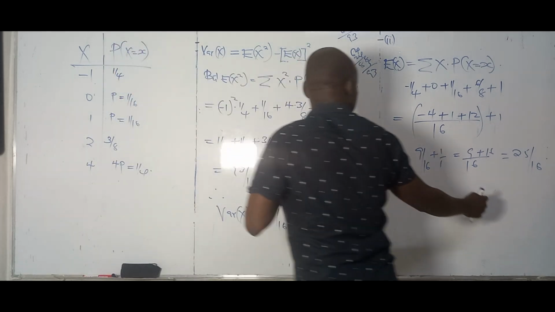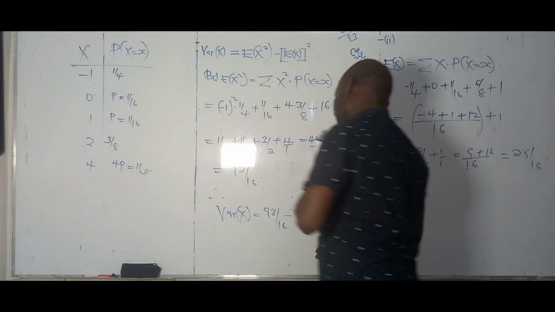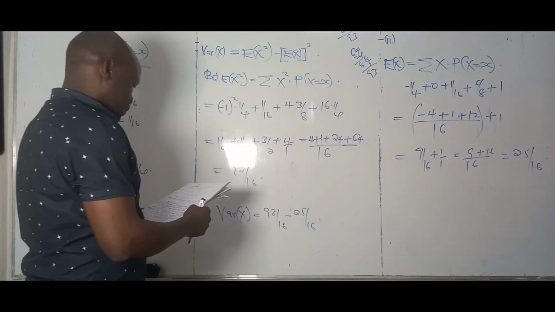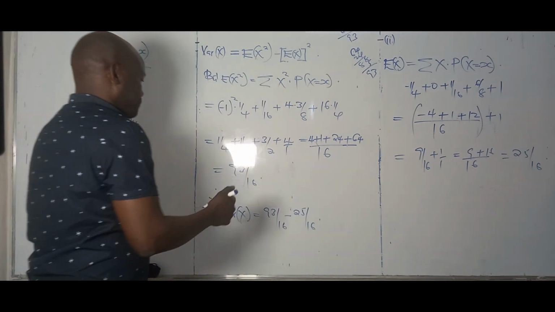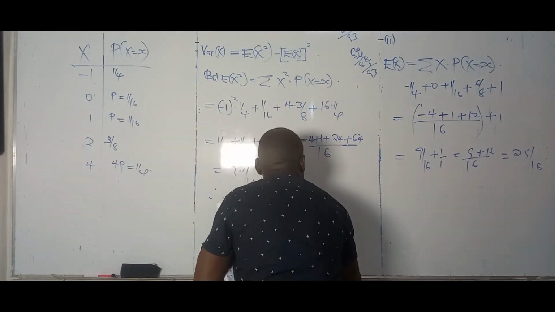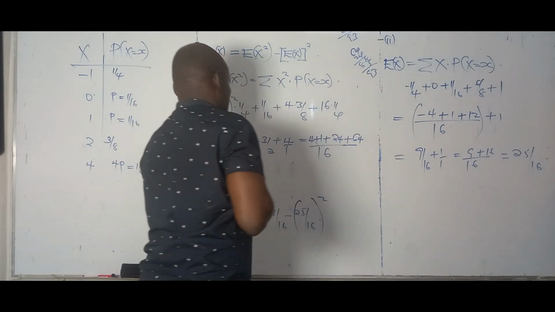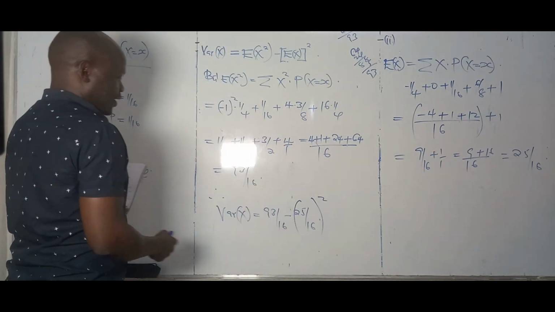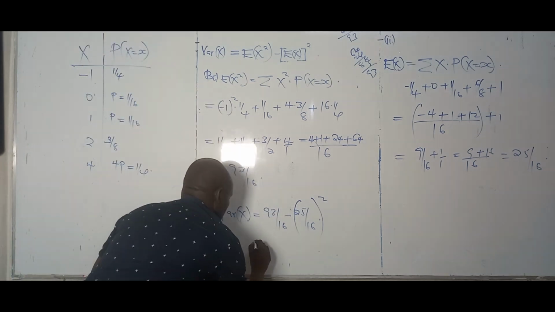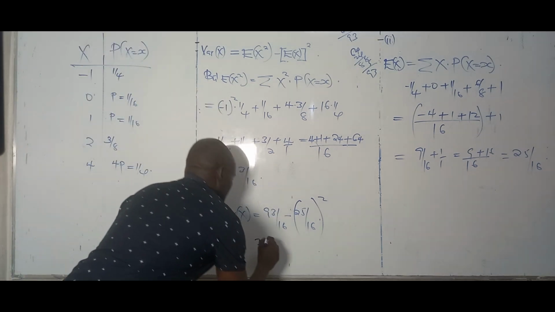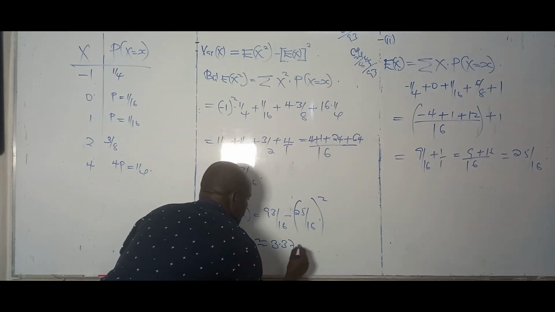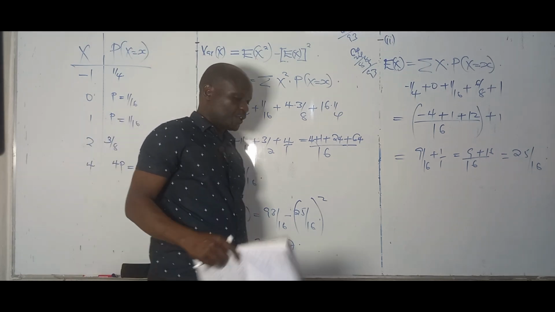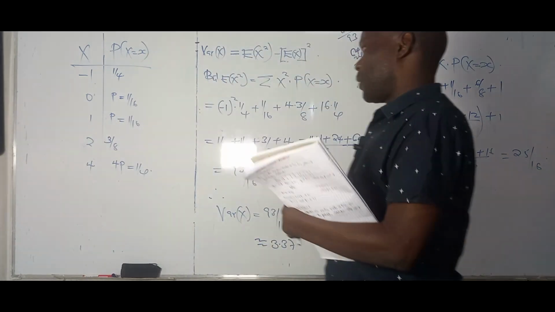You see, this is 25 over 16, and we need to square it. So it's 93 over 16 minus 25 over 16 squared. If you work that out with your calculators, you should get 3.37 as the variance, which is the required answer.